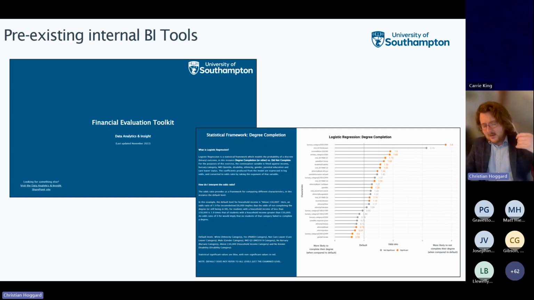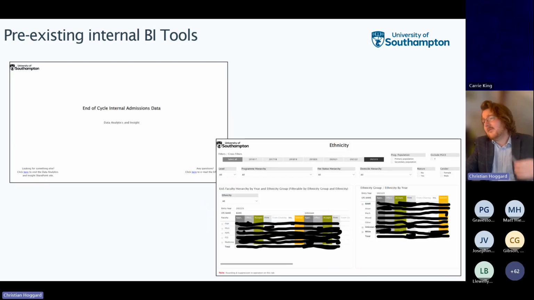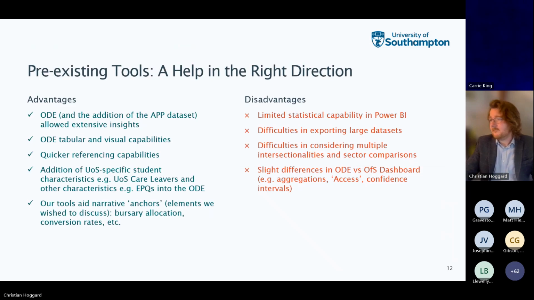So we were able to see whether increasing amounts of bursary were actually making meaningful change. And we have our own admissions data, which was able to then supplement and understand that relationship between applications to offers to acceptances, and that sort of leaky funnel of the student population. Because we had those resources at hand, we had a quick way of looking at those insights.